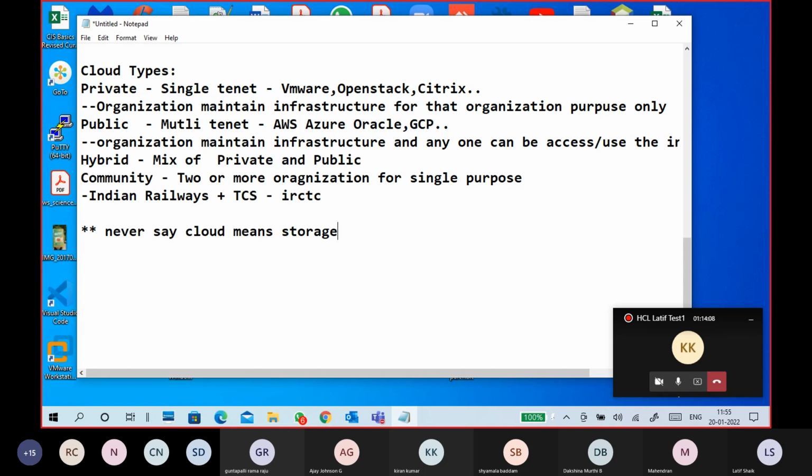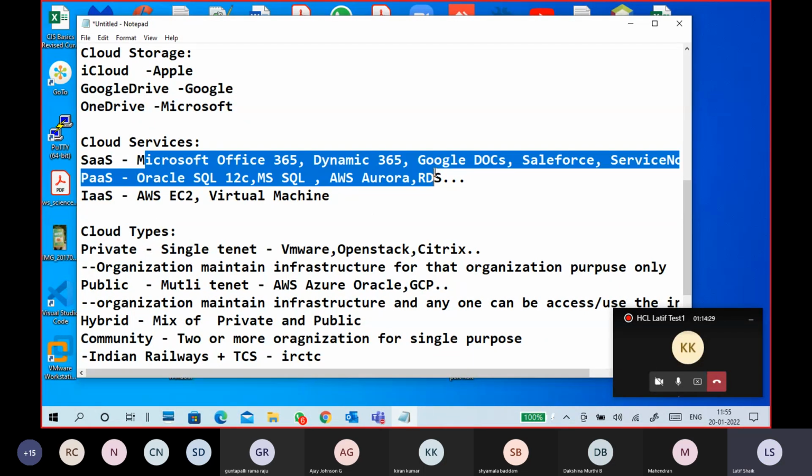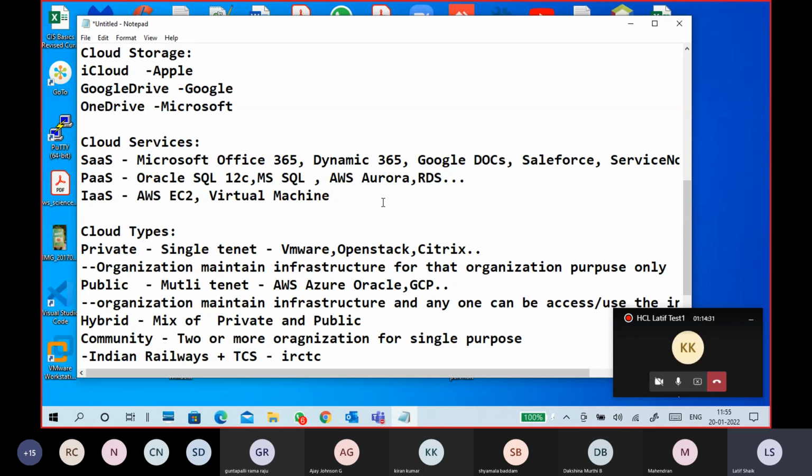Cloud provides a lot of services like virtual machines, storage services, database services, application services, machine learning and artificial intelligence related services.